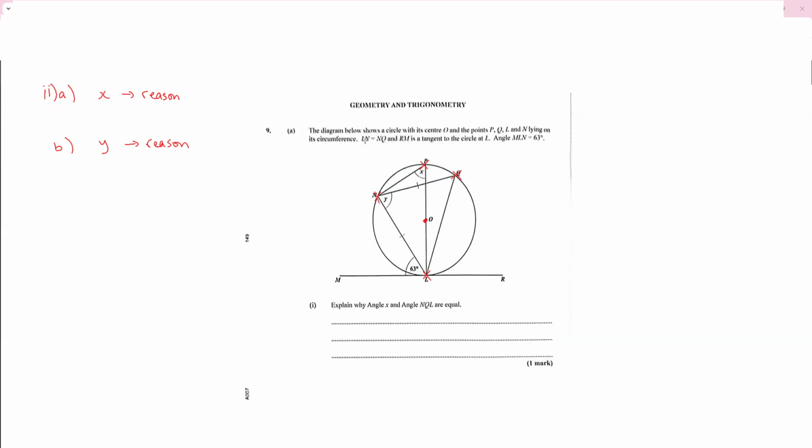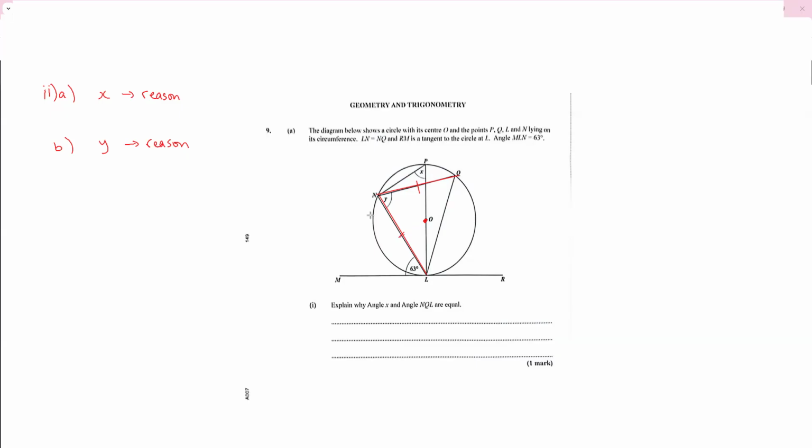They said that line LN, that's going to be this line here, L to N, and NQ are equal. They showed that because they gave you these two lines on it, right?